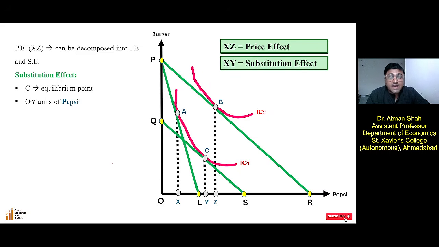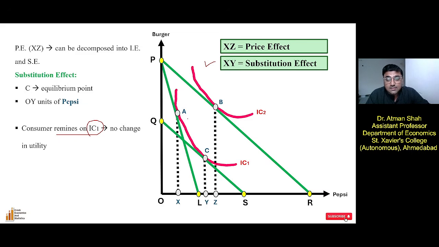Since Pepsi has become relatively cheaper than burger, the consumer substitutes Pepsi for burger and increases the consumption of Pepsi by XY units. So XY units indicate the substitution effect. The consumer substitutes XY units of Pepsi for burger. Here the important thing is that the consumer remains on IC1.